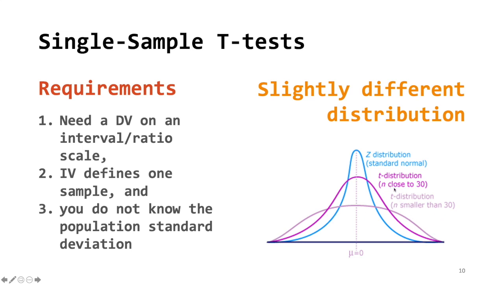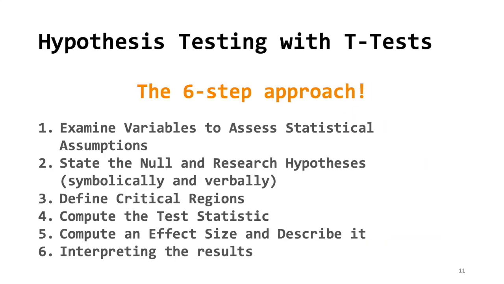When your sample size gets bigger, say around 30, it starts to look more and more like the normal. And somewhere around 120 to 150, the t distribution and the z distribution look identical. So we're going to get p-values from this distribution just like we did with the z, but instead we're going to be using the t distribution.